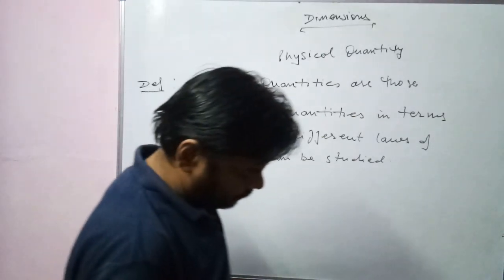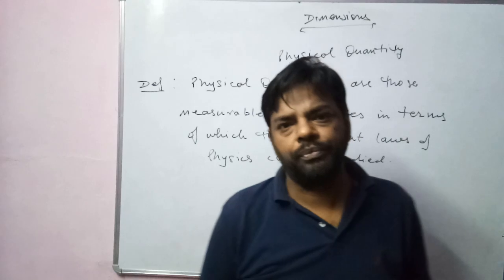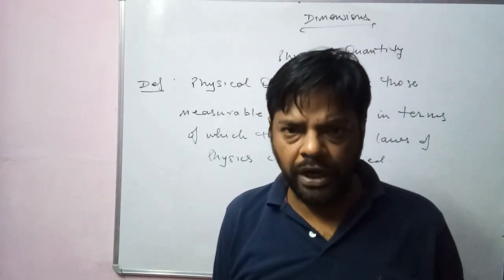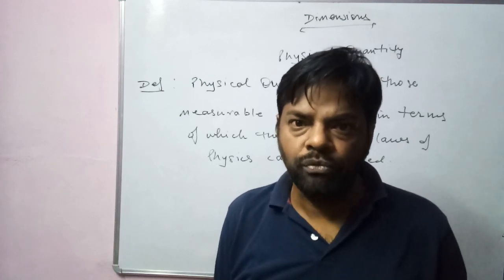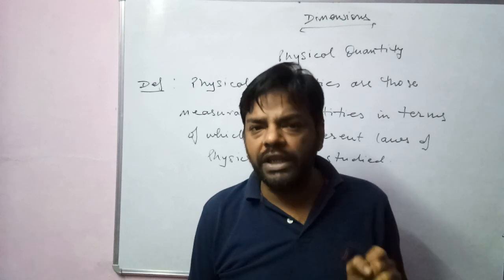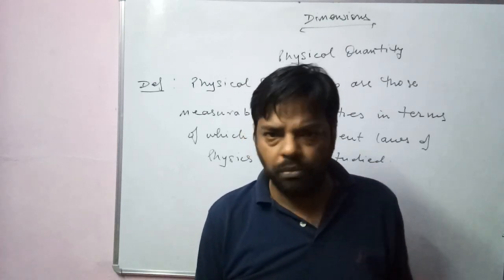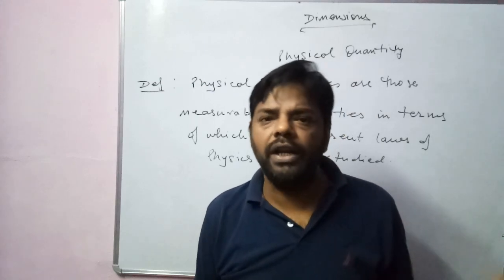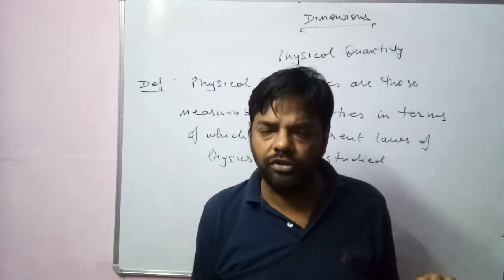What do you understand by physical quantity? Just now, I had discussed with you Ohm's law and Newton's second law of motion. Newton's second law of motion was mathematically defined in terms of force, mass, acceleration. Similarly, Ohm's law is defined in terms of potential difference, current and resistance.